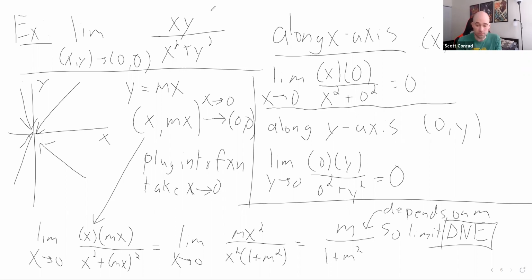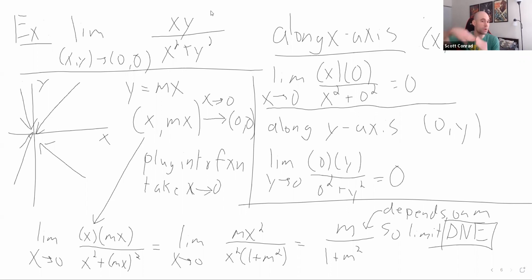Any questions about checking limits along y equals mx? Because that is in general how you're going to be checking that limits do not exist. Right, it's because m can be anything. I can set m equal to 0, and that would be along the line y equals 0, which would just be the x-axis.